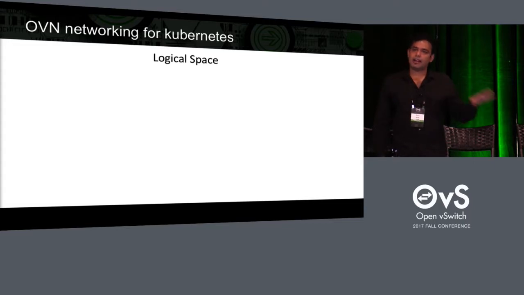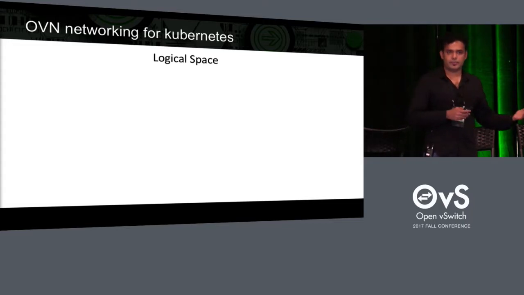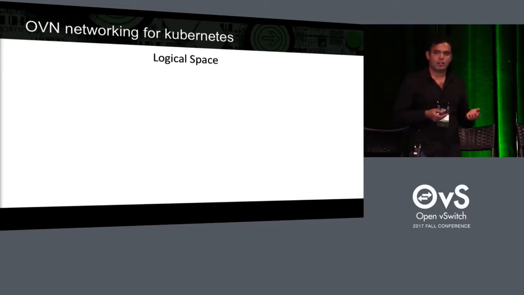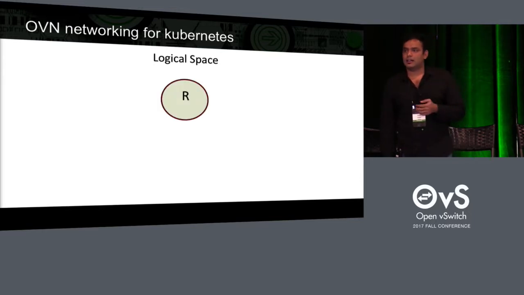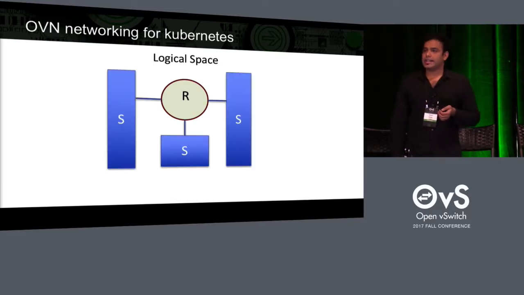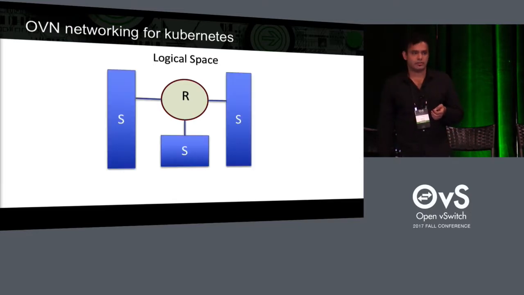So how does the physical topology in the previous slide translate to the logical topology in OVN? Before Kubernetes schedules any of the pods, we do some initialization. We create a cluster-wide distributed router, and for each host, we create a logical switch.